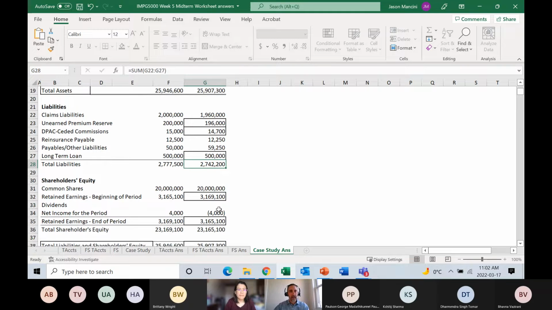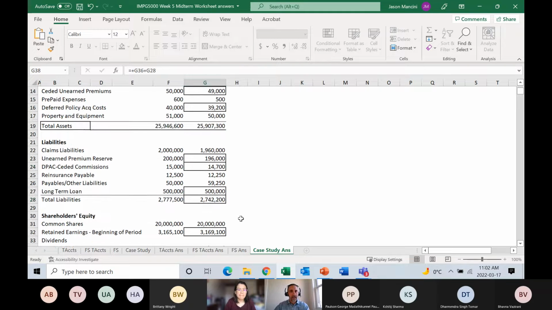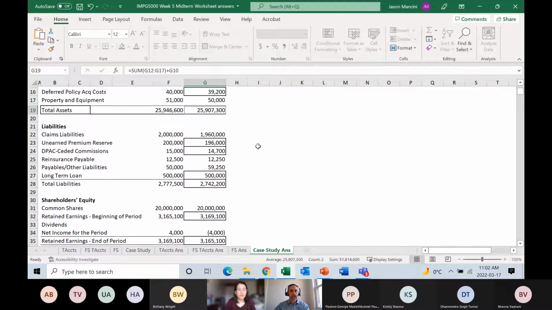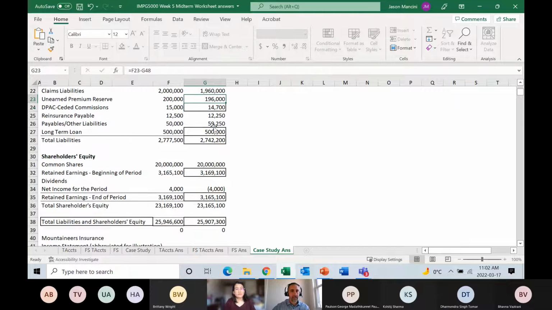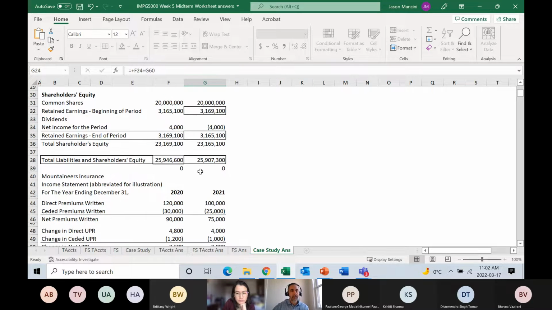Because we know that our assets and total need to match, and you get back into total liabilities if you weren't able to get it from this formula. Okay, so that was how to fill in these amounts. And again, you could review the formulas in here afterwards.